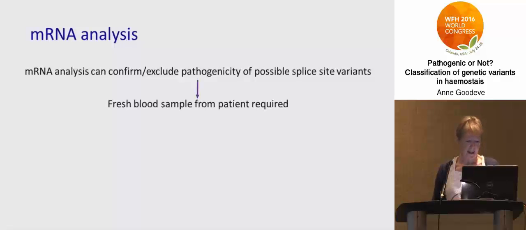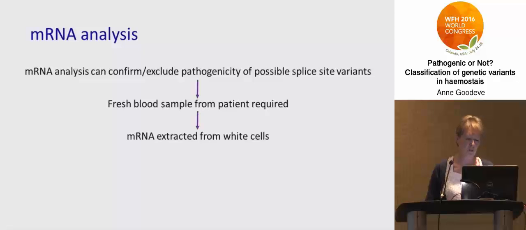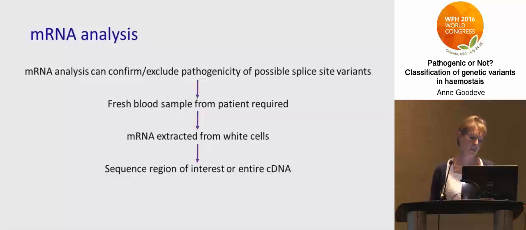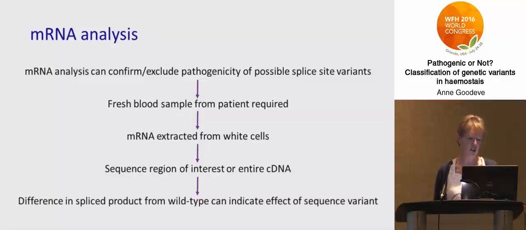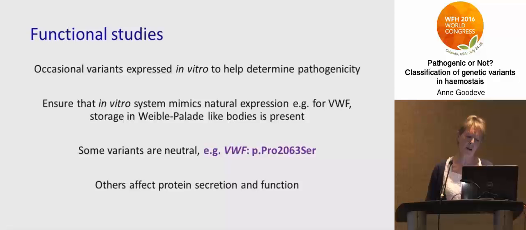For messenger RNA analysis, we can use this to confirm or exclude the pathogenicity of possible splice site variants if we're not sure about them from our predictions. We can use a fresh blood sample from the patient, extract messenger RNA from the white cells, sequence the region of interest or the entire cDNA, and then look for any differences in the splice product to that of the wild type, and this can help indicate likely pathogenicity.